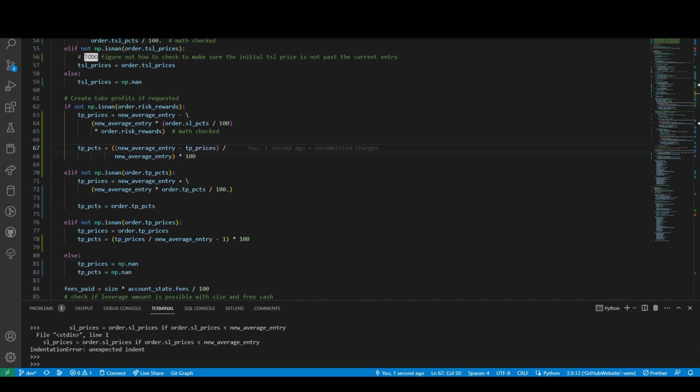Because then we'd have 1,000 minus 980 divided by 1,000 times 100. So that's 2%. Yeah, so that works. Yeah, that works. Take profit prices equals new average entry minus this.